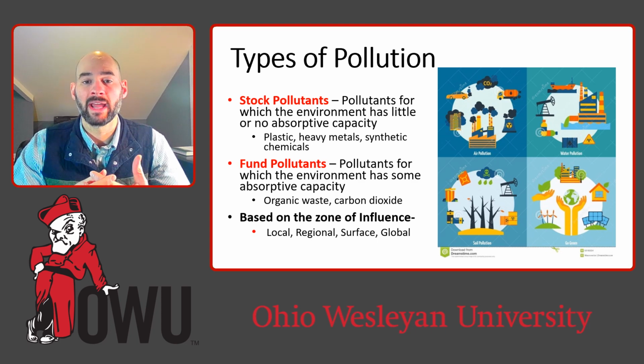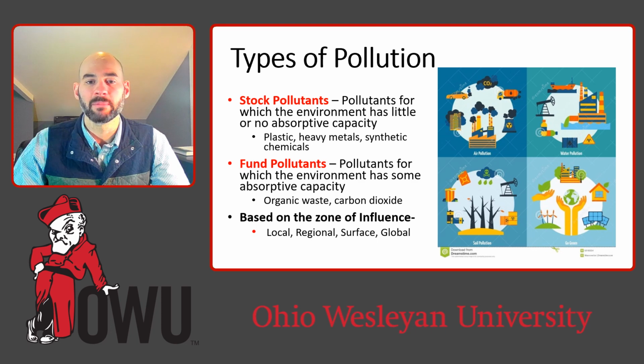And so when we have pollutants for which the environment has little or no absorptive capacity, we consider those stock pollutants. Those pollutants accumulate in the environment until they are removed externally. You can think about pollutants which have a long half-life in terms of how long it takes them to biodegrade, such as plastics, heavy metals, or synthetic chemicals.